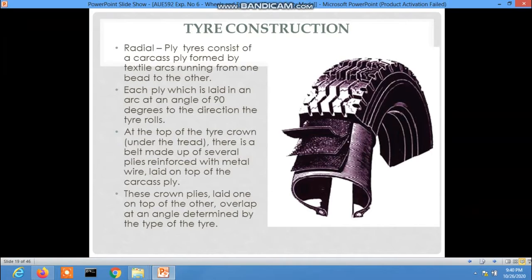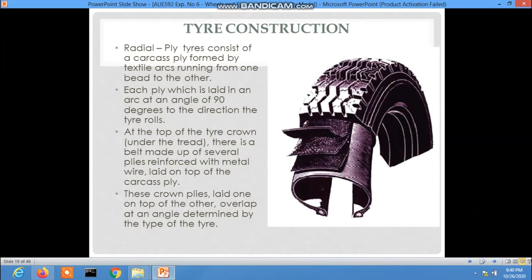At the top of the tire crown, that is under the tread, there is a belt made up of several plies reinforced with metal wire laid on top of the carcass ply. Those crown plies are laid one on top of the other and overlap at an angle determined by the type of tire.